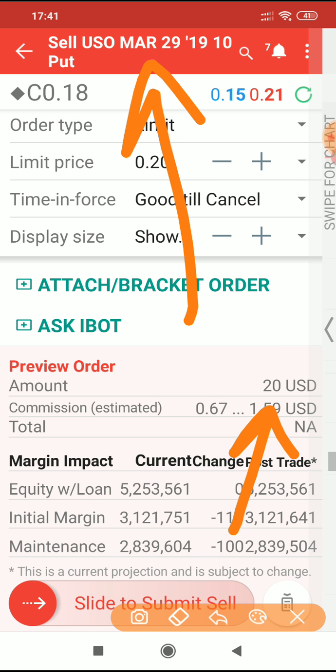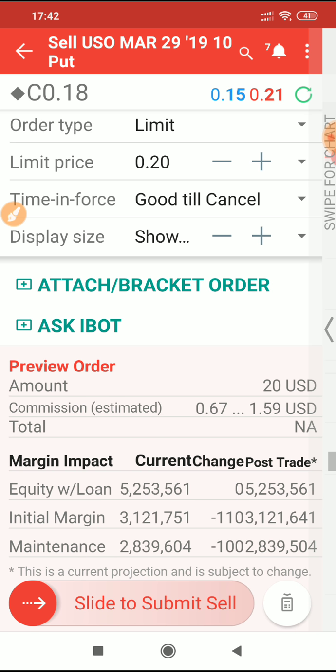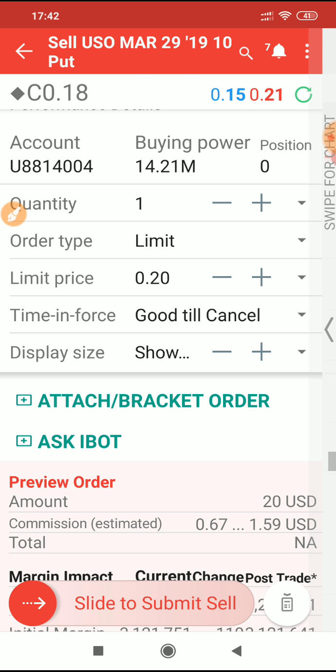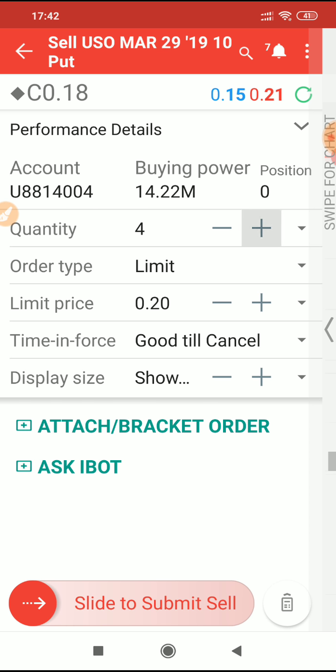Typically, I'm selling this and somebody else is buying it because they want to insure themselves against the USO stock price going below 10. I'm not that interested in a $20 contract, so I want to increase my quantity to, let's say, 10 contracts.